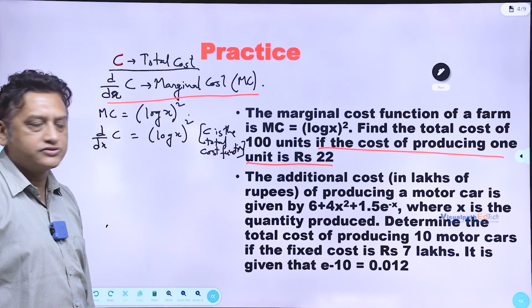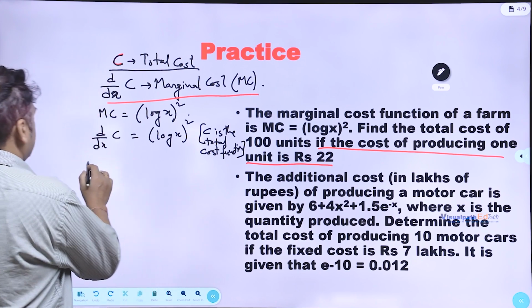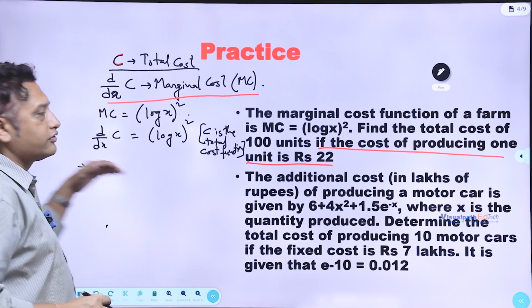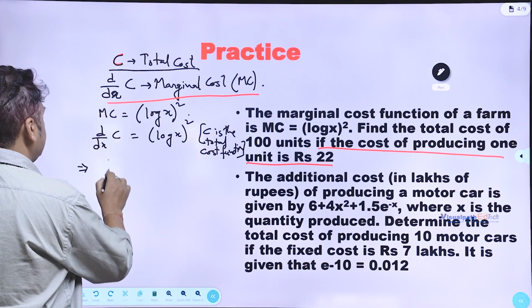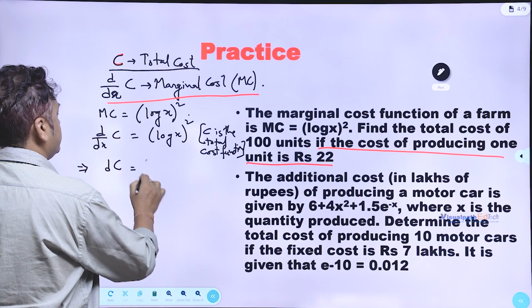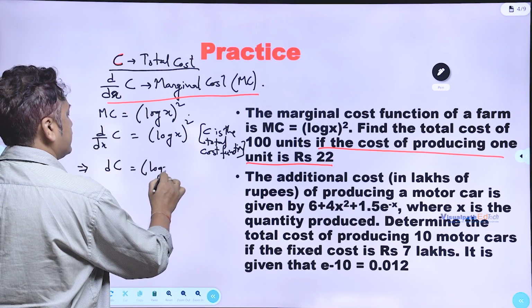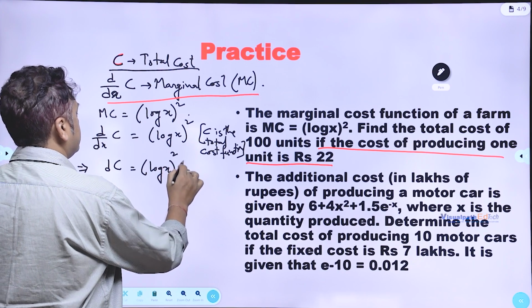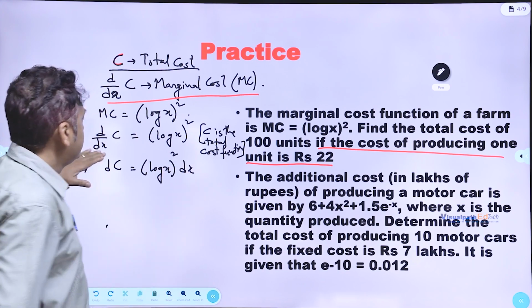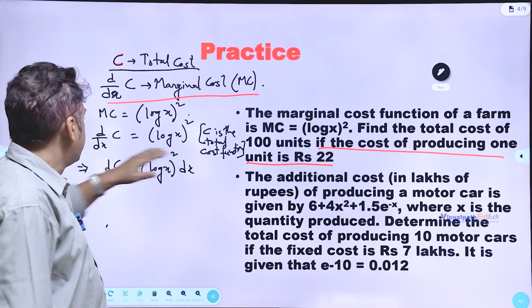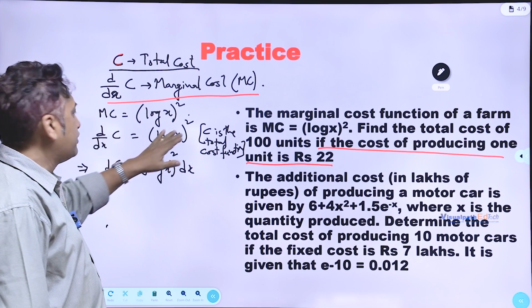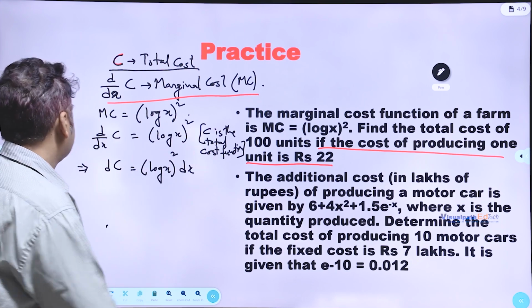If I cross multiply, I'll get dC is equal to (log x) whole square dx. I just cross multiplied the dx.